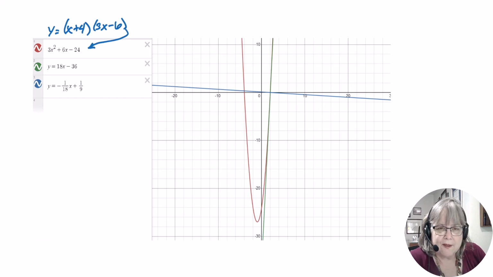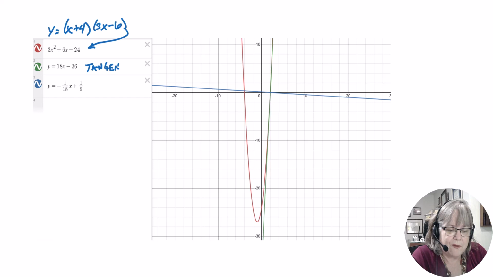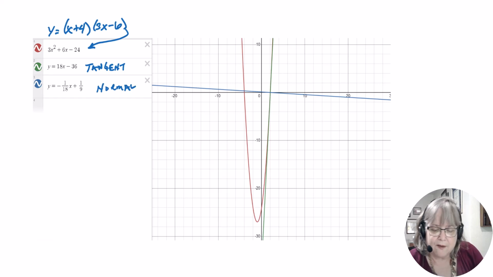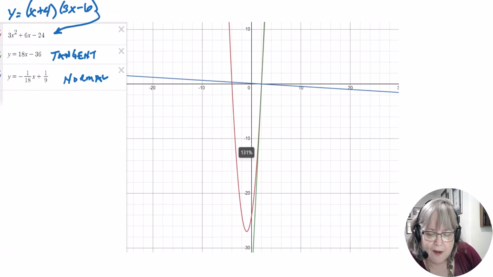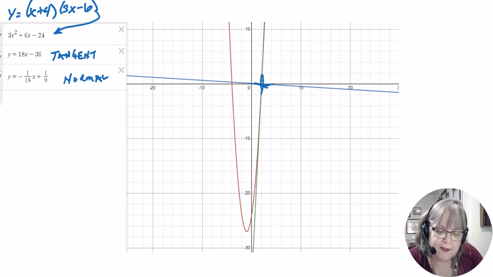So the red is the original function. Okay? This green part is the tangent. I calculated up the equation for the tangent. And this blue part is the normal. All right, so look. See right here? The red part is the curve. Here is the tangent right here. And here's the normal. So it's right here. Can you see it? Right in this section right there.